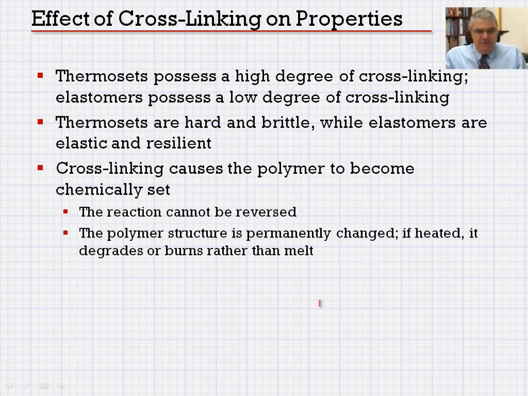Also, it's very important to realize the effect of cross-linking on the polymers becoming chemically set. So it also affects the setting of the polymers. The chemically setting reaction cannot be reversed for polymers that have cross-linkage, and of course the polymer structures permanently change.